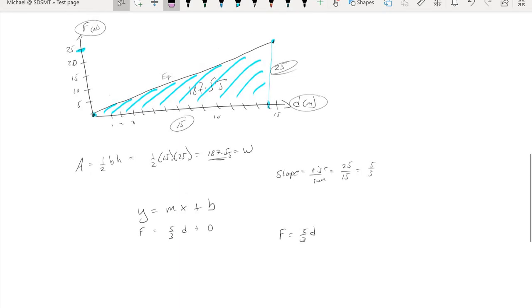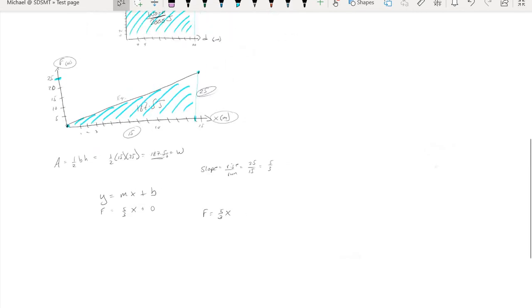In fact, I'm going to go ahead and change this to x just because it'll make more sense in the next step that we take. We'll change that to x. We'll change that to x. All right. So why do that?